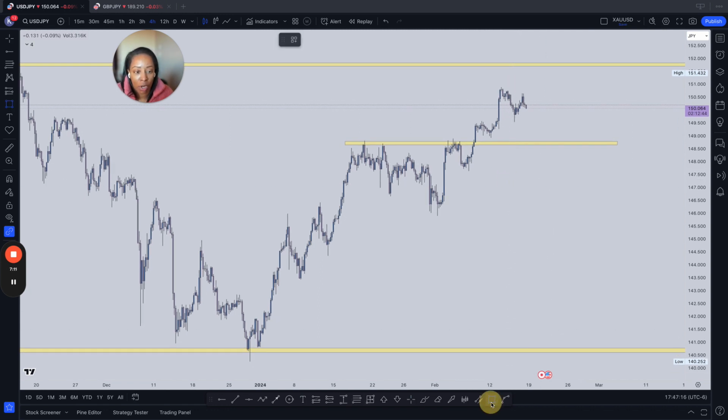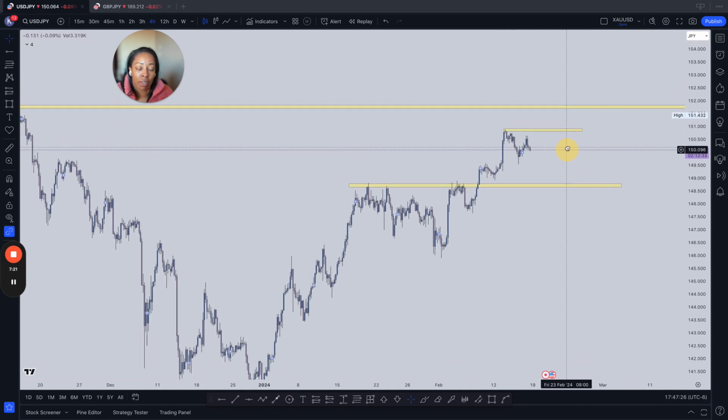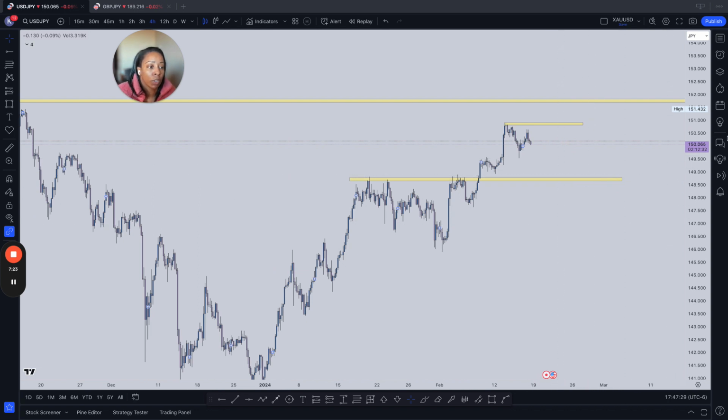So actually, I'm going to mark off another level. I'm going to mark off this little high right here because, well, actually, this is real market data because now the market is open. This is a Sunday night in the US, and the market opened up about 47 minutes ago.